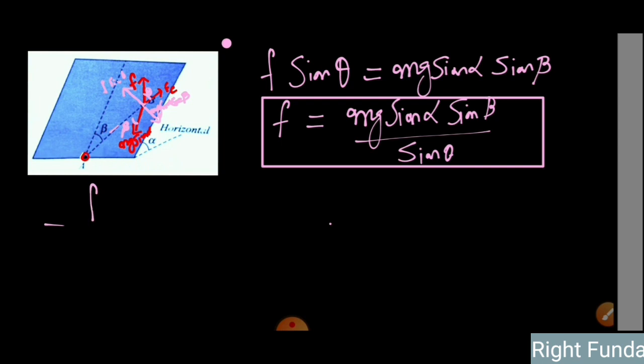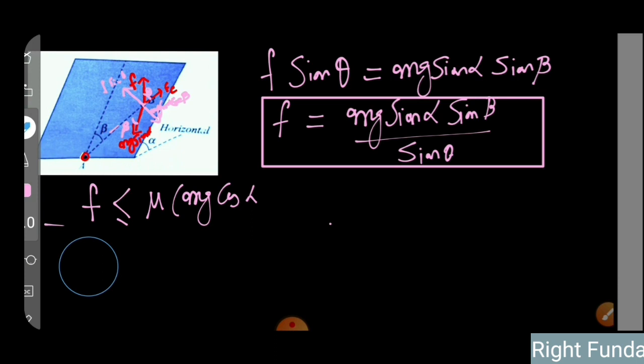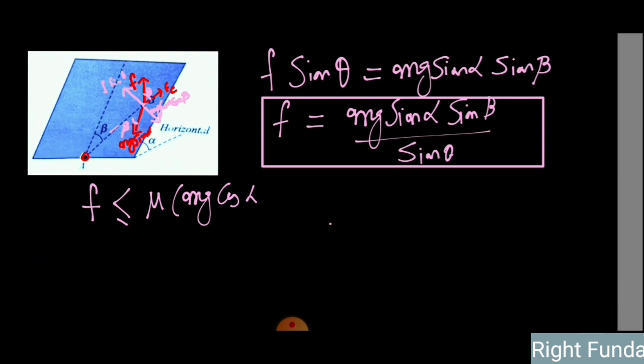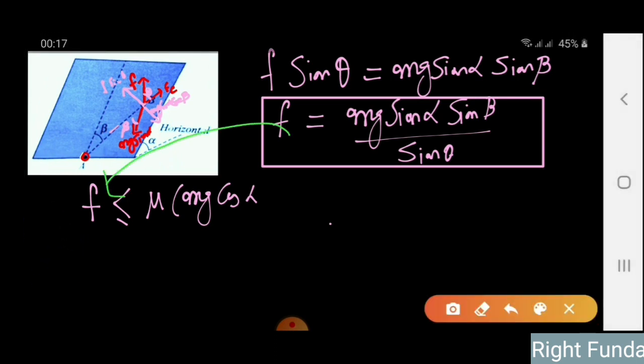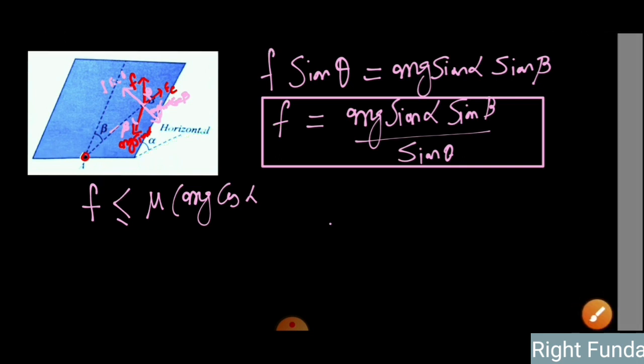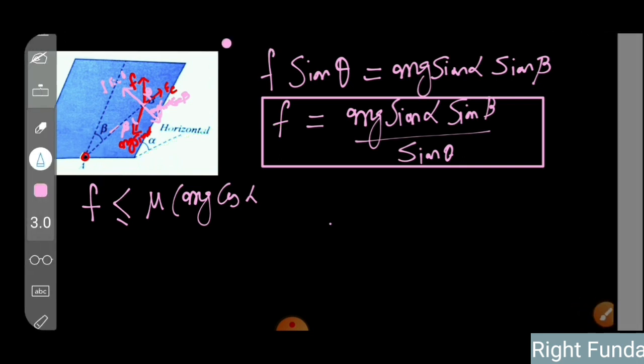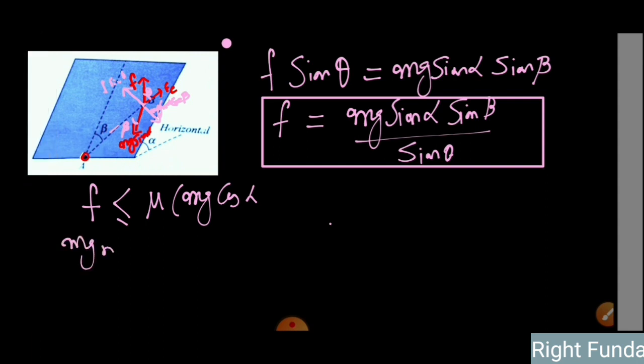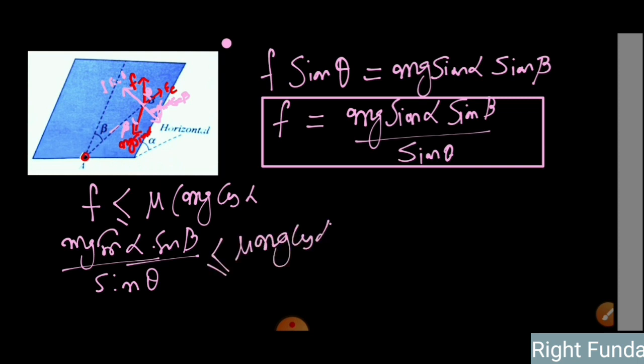So mg sin alpha sin beta by sin theta has to be less than or equal to mu mg cos alpha.